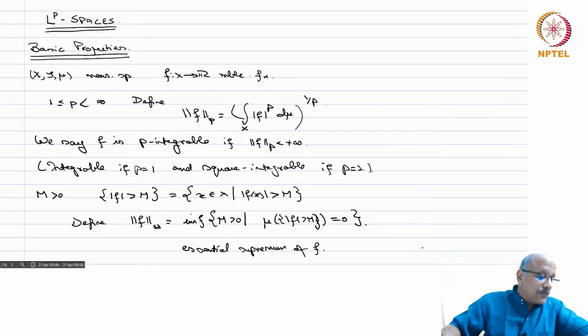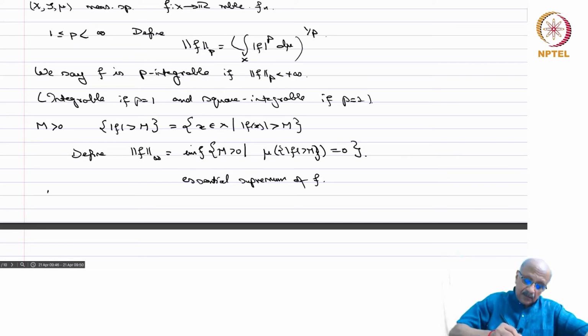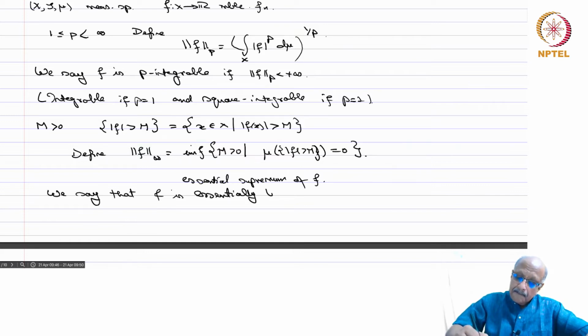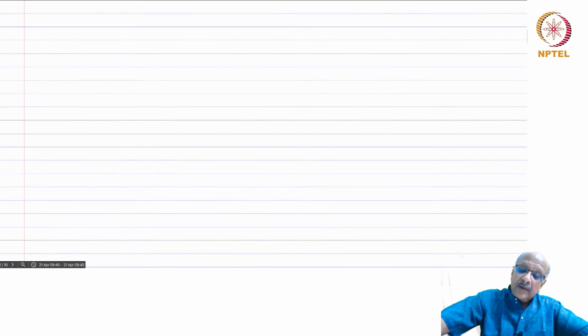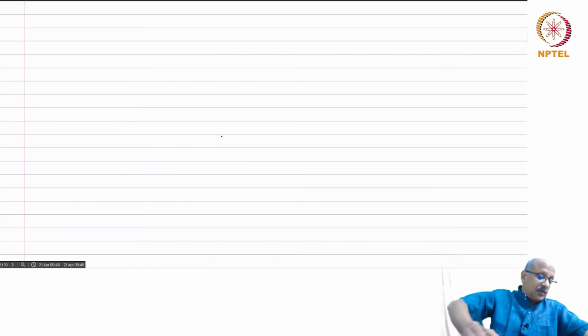Okay, and we say that f is essentially bounded if norm f infinity is finite. So we have now defined some so-called norms, within inverted commas. We will see that it's not precisely the case.